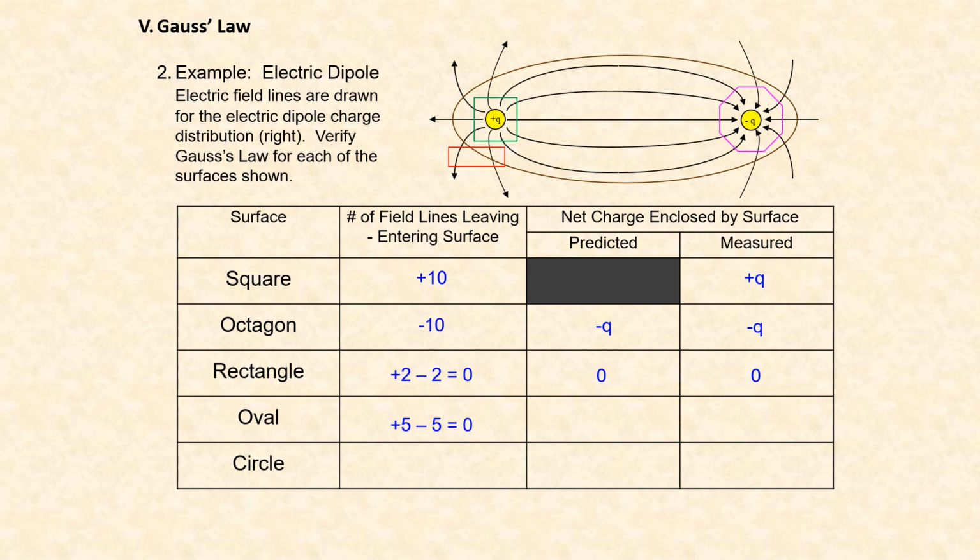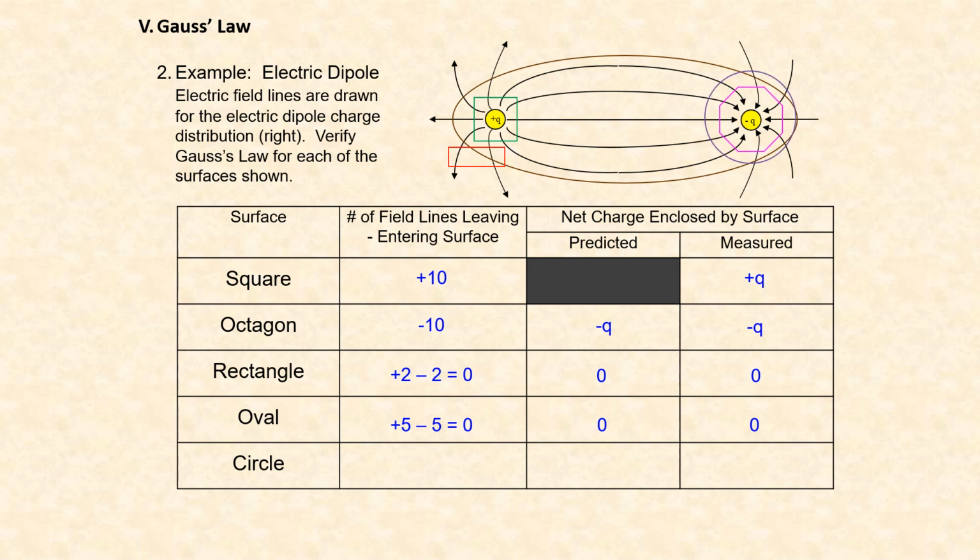So once again, we would predict, according to Gauss's law, since the net flux is proportional to the charge enclosed, a net flux of 0 should mean that there is no net charge enclosed by that surface. And indeed, when we make our measurement, we see that the charges plus Q and minus Q will cancel each other out to give us 0 net charge enclosed.